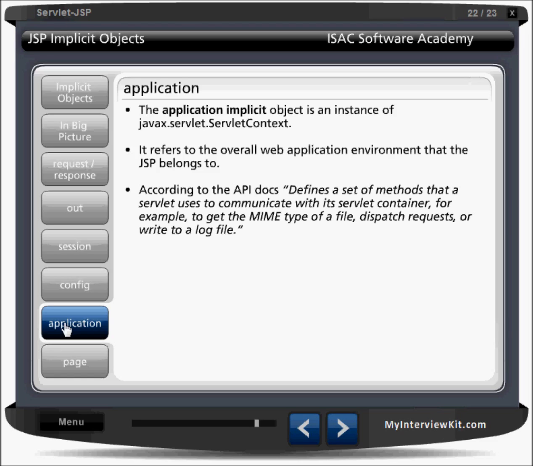So we can call application.setAttribute and application.getAttribute methods, and work like a servlet context. So here we have an implicit object for that, right? So it refers to the overall web application environment that the JSP belongs to. In the beginning you can set something, application.setAttribute. Later on every page can keep getting that value. Okay.